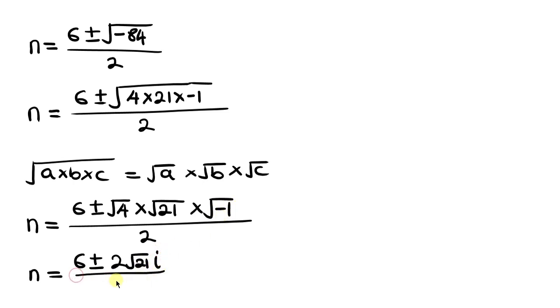So all over 2. Now notice that from the numerator, 2 is actually common. So we can factor out 2. So n will be equal to 2 out, open bracket, 6 divided by 2, that's 3, plus or minus.